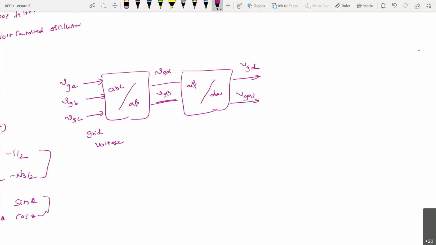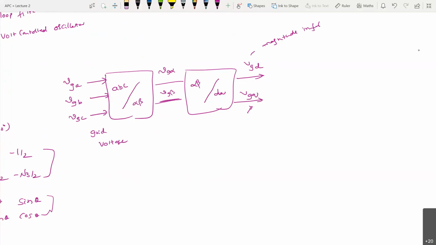Here this contains the magnitude information, whereas this contains the phase angle information. We'll discuss how the phase angle information is inside this one.